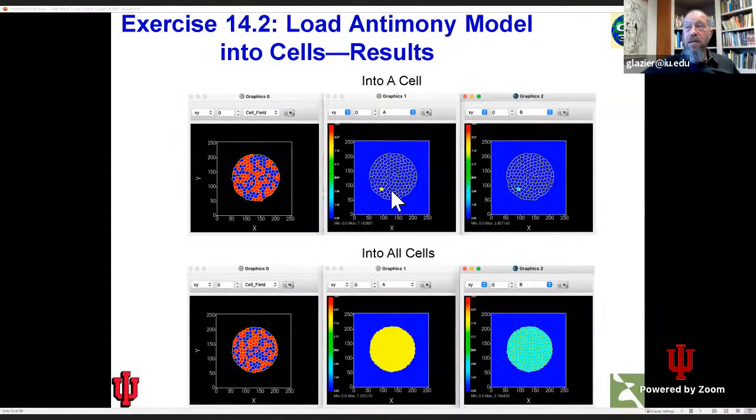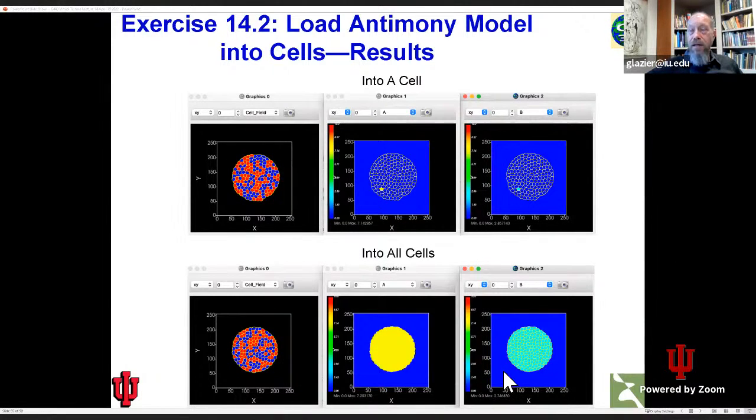Here I loaded into a cell rather than a cell by index, and here I loaded into all cells. Again, as these models become more complicated, especially when you're going to do potentially a lot of different submodels, keeping track of everything isn't always so easy. Again, it's better to keep track, but having that trap is useful.